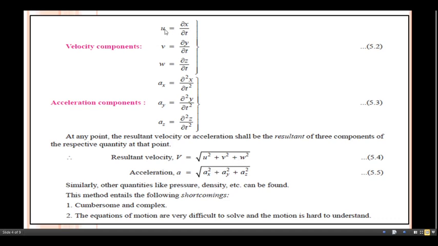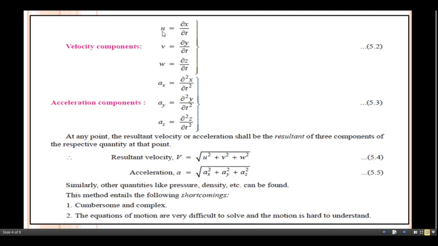Here small u indicates the velocity component along the x direction. Similarly, v and w indicate the velocity components along the y and z directions. At the same time, ax, ay, az are the accelerations along the x, y and z directions respectively.